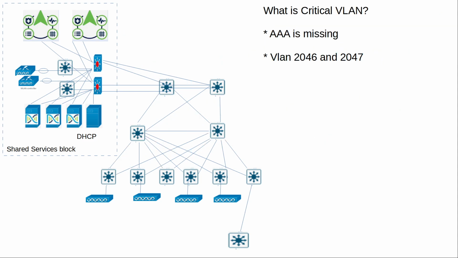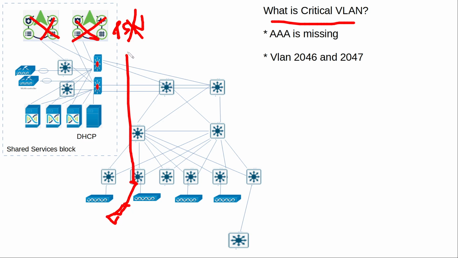Next question. What is a critical VLAN? You might face the issue when, for instance, your ISE servers, or at least your PSN persona, are unavailable. So if the PSN persona is unavailable, then when a device connects to your network, you will not be able to perform network access control.